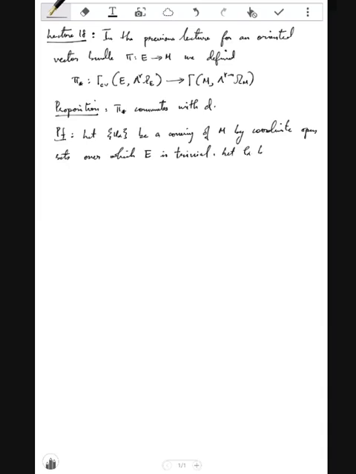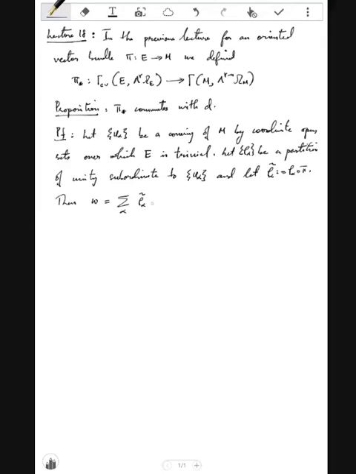Let rho alpha be a partition of unity subordinate to U alpha, and let rho alpha tilde be rho alpha composed with pi. Then omega can be written as the sum of rho alpha tilde omega.